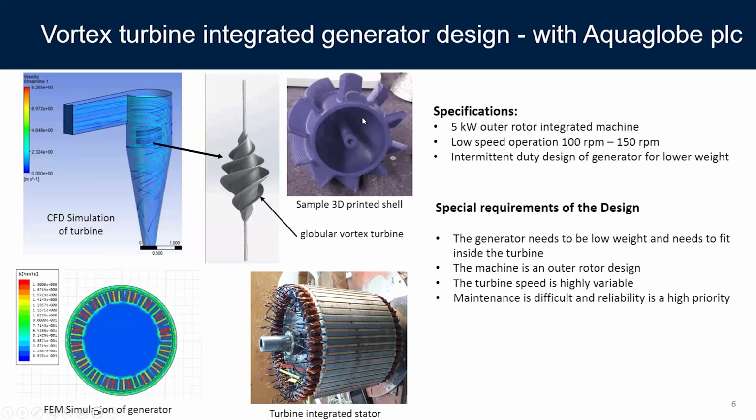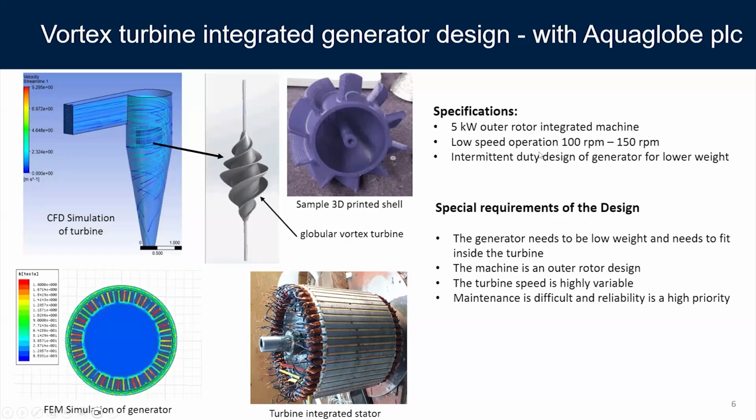The turbine has a hollow part inside, and the generator needed to be designed and fitted inside it. In that kind of specialized application, we need to lower the weight as much as possible. The speed also varies significantly, and as a result, the geared drive option becomes a bit more complicated, and the direct drive option is simpler in terms of packaging and manufacturing this type of prototype.